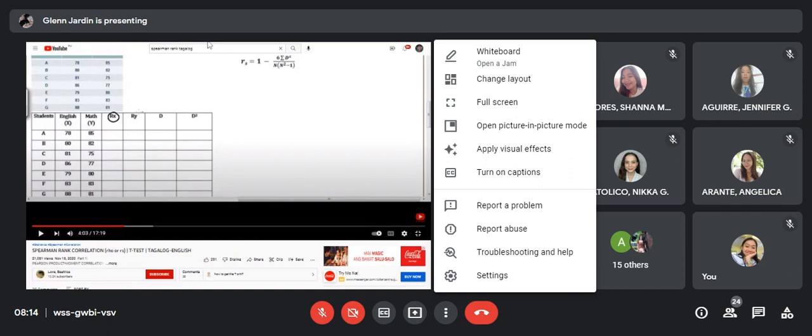Okay, sinabi dito yung steps, ano? Okay, medyo maliit. And ito mga kailangan nating column class. You must have a column for Rx, yun yung rank ng English kasi yung English natin yung X, and then rank ng Y, yun yung rank ng math scores natin, ano? Okay?